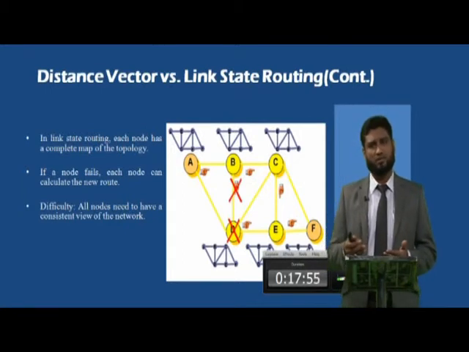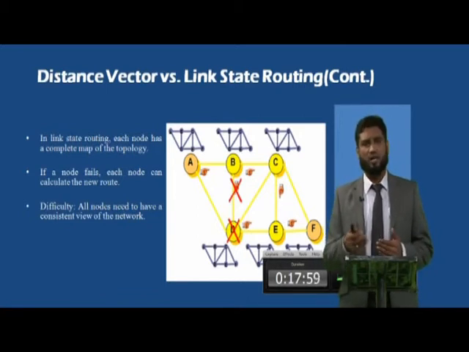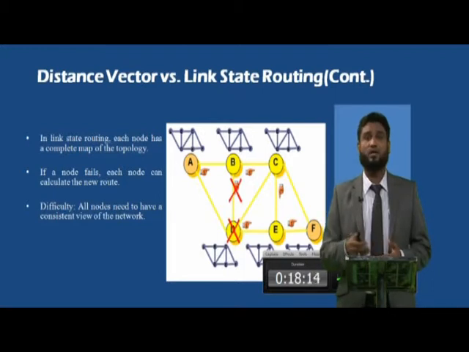So what do you think? Should convergence time be faster or slower? Of course, convergence time should be faster. Some distance vector routing protocols have slower convergence time, but link state routing protocols have faster convergence time, because if convergence is not fast, the packet forwarding time will also be delayed.